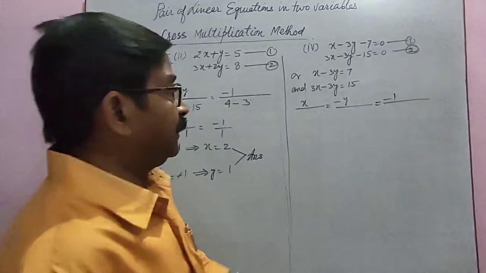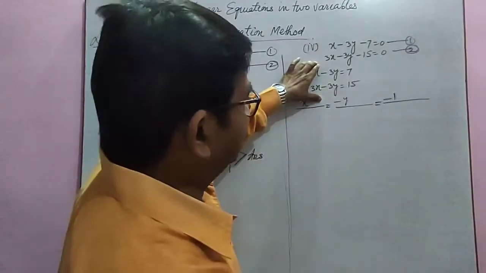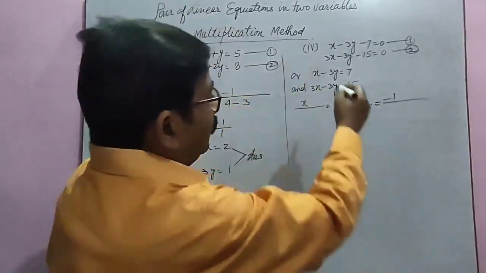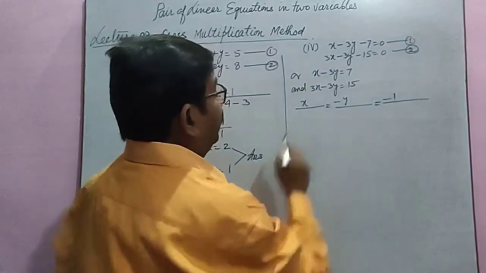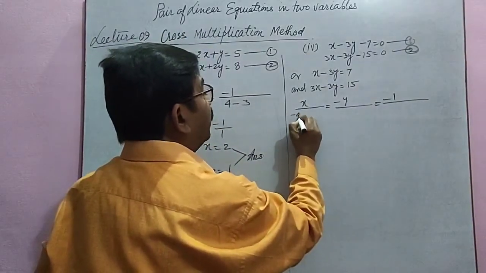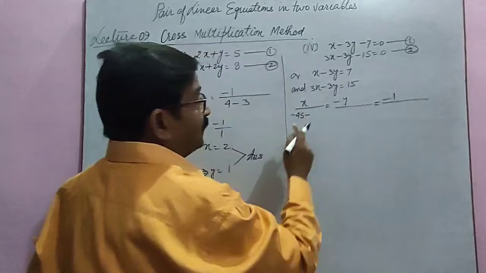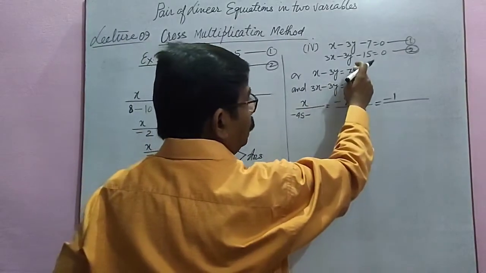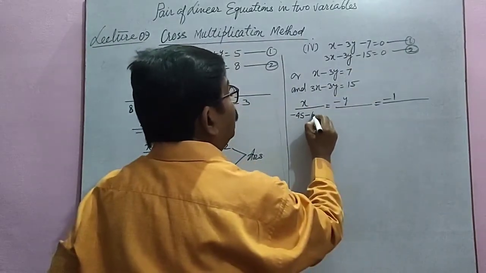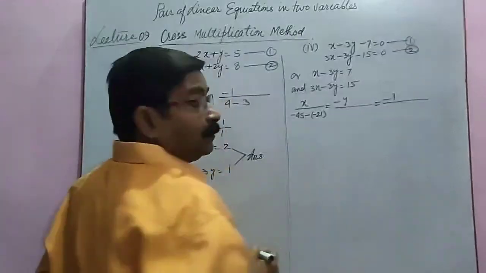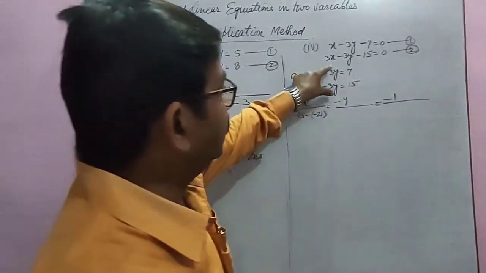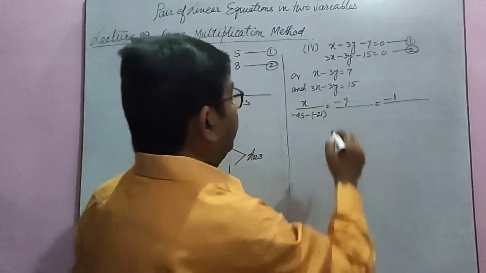Now cross multiply for x. Hide this x. Cross multiply. Minus 3 into 15, minus 45; this side minus 3 into 7, minus 21. This is minus 21. For y, hide this y, x into 15.